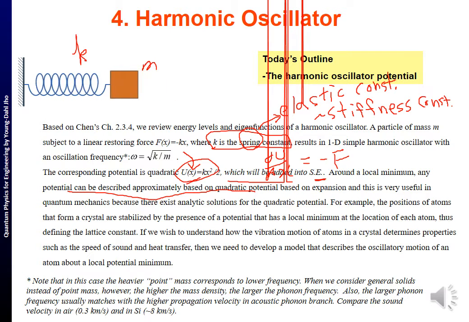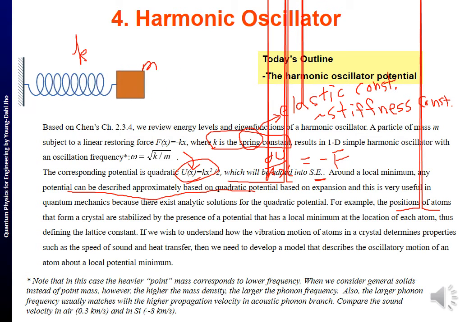Also, this is a very important problem because, for example, the positions of atoms that form a crystal are stabilized by the presence of a potential that has a local minimum at the location of each atom, thus defining the lattice constant.